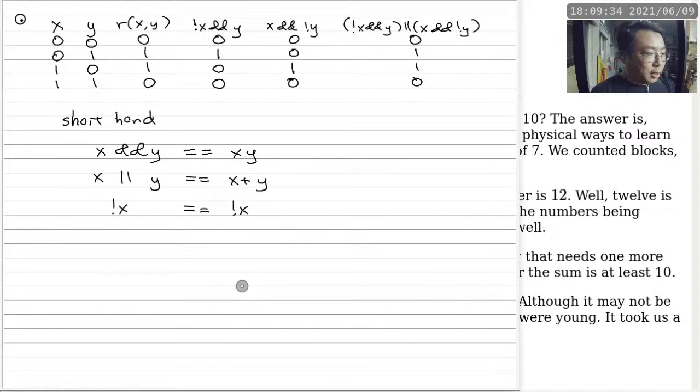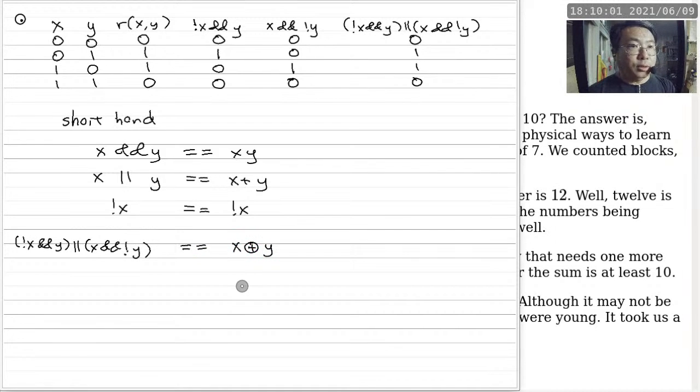What about this thing over here, which is not x and y, or x and not y? That is known as exclusive OR, and the symbol for exclusive OR is a plus with a circle around it.